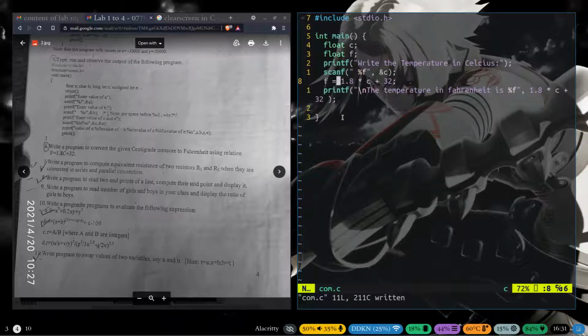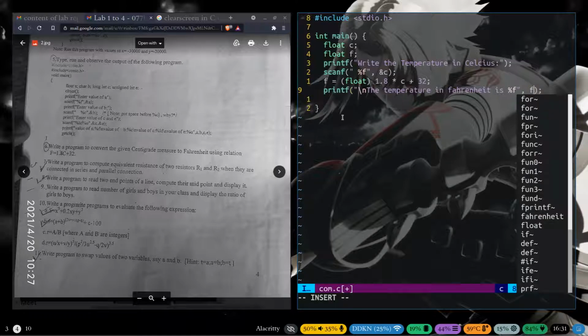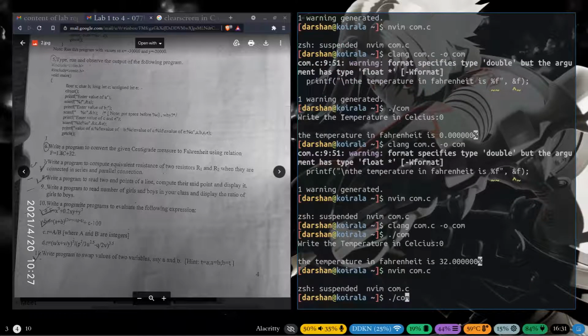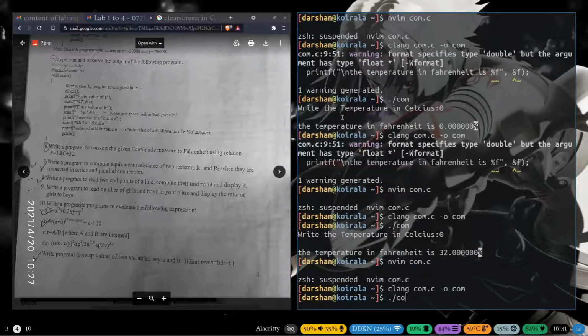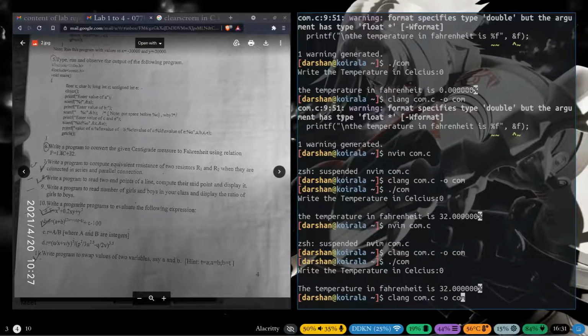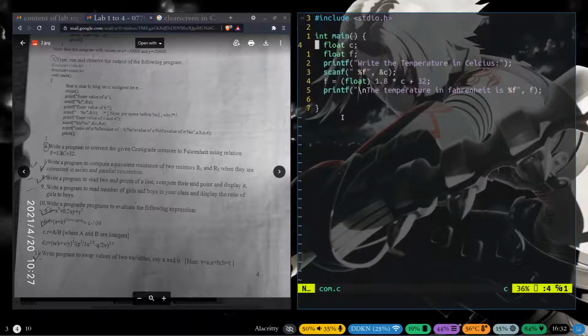I think I have to do it like this. So I think we'll have this thing. Okay, so that's it. Yeah. We'll have to use the float. The calculation will be in double.